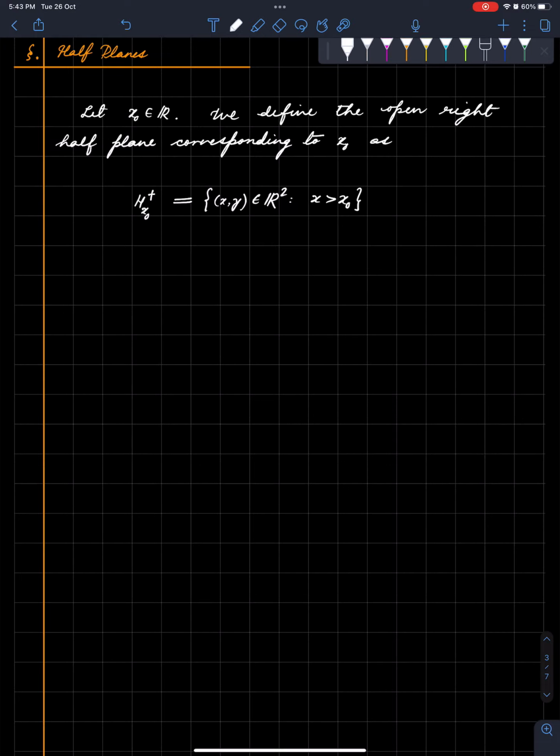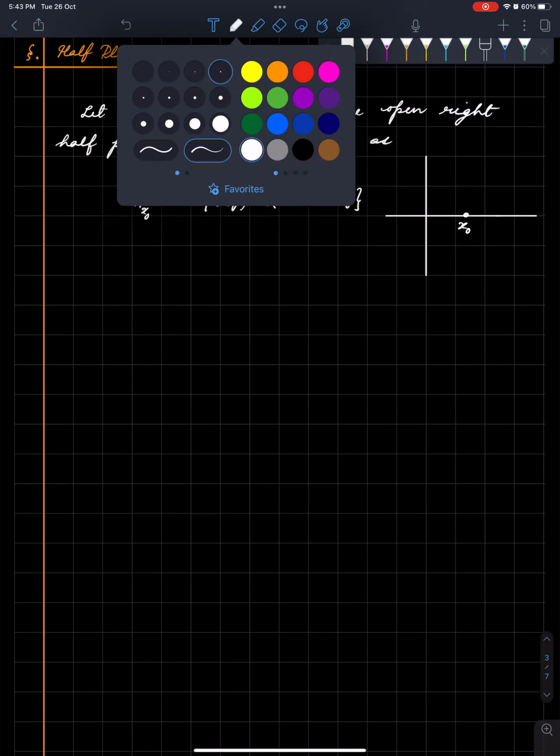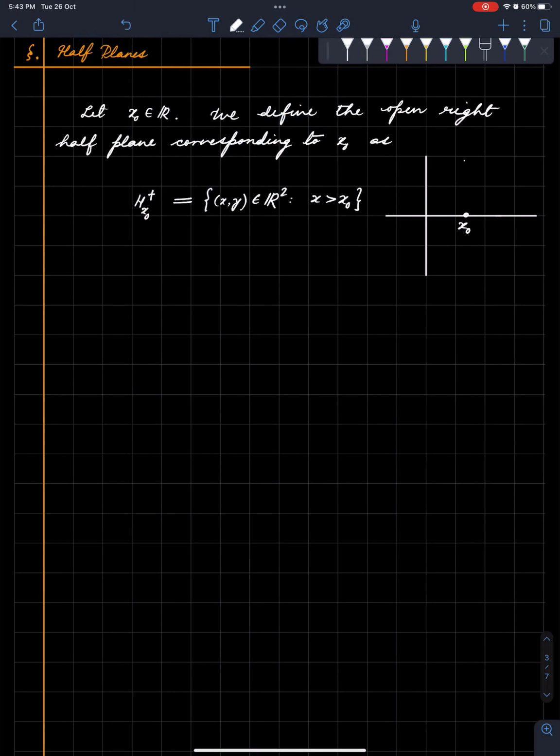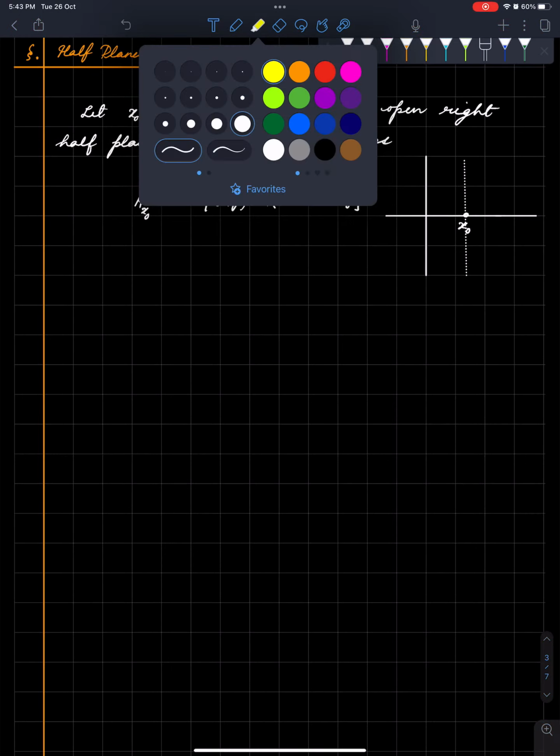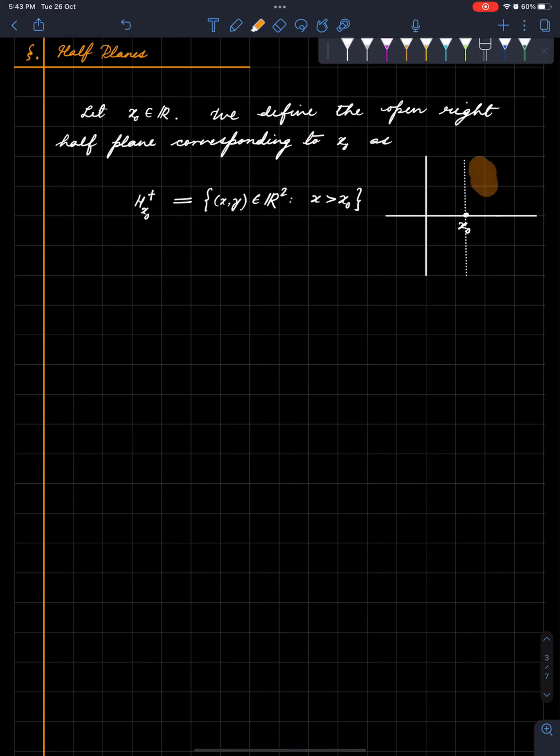Okay, so let me just draw a picture. Here we have the plane, and let's say this is x naught. Then the open right half plane can be depicted as follows. So whatever is this color, that part is the open right half plane.